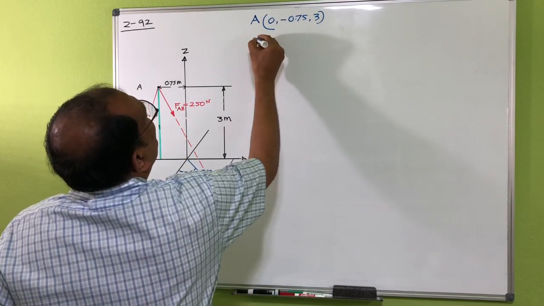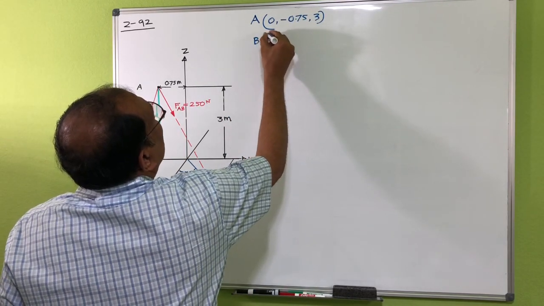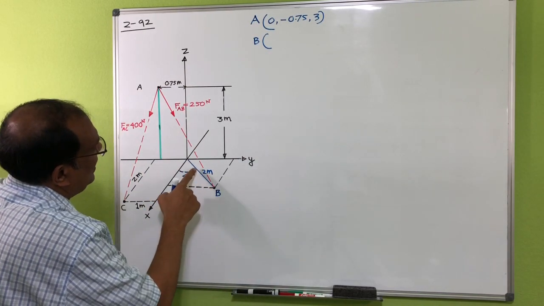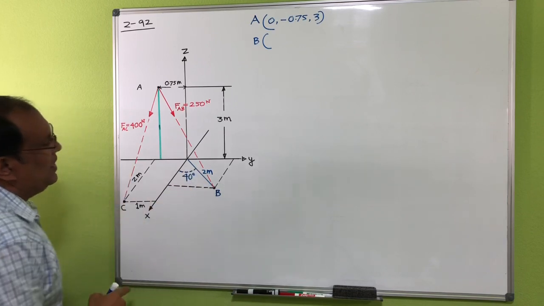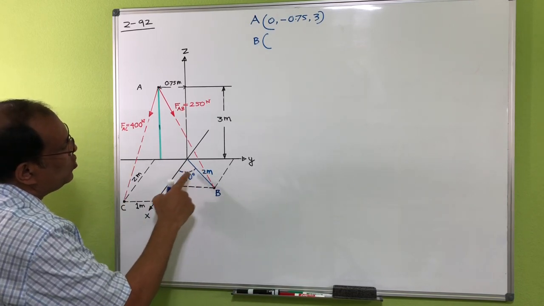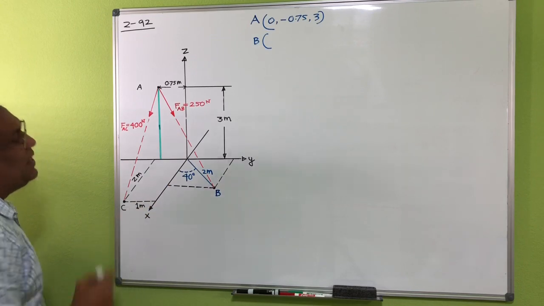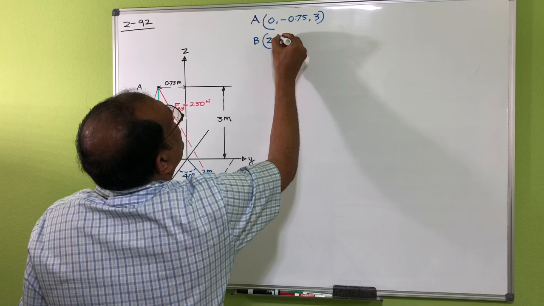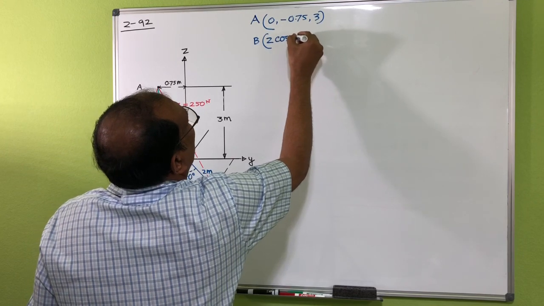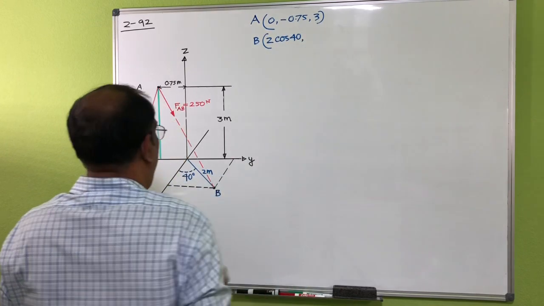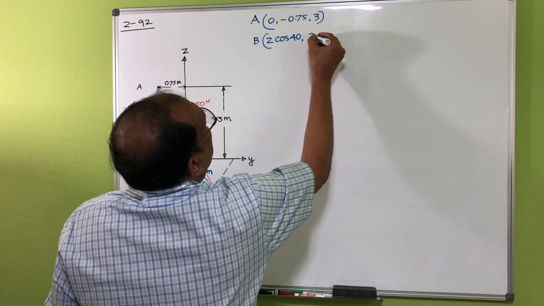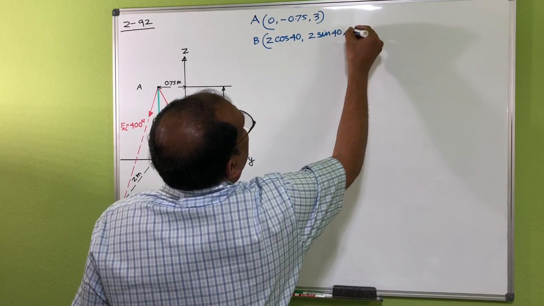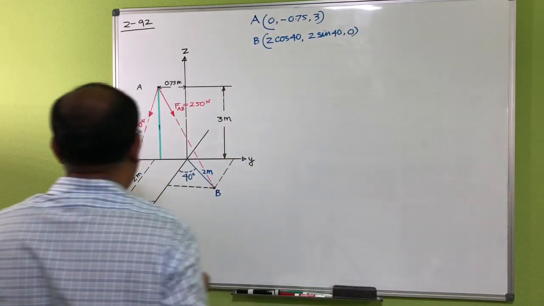Now what about B? You can see B, this one is 2 meter and this one is 40 degree. So if you take 2 cosine 40, then basically you get the x-axis, right? So this one is 2 cosine 40, then 2 sine 40, and z is 0 here.